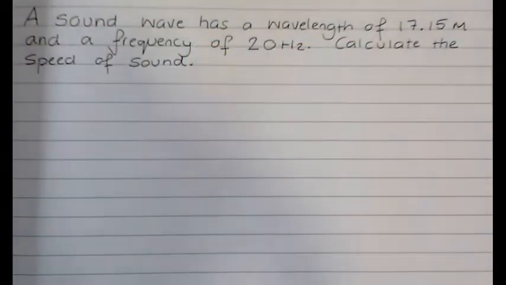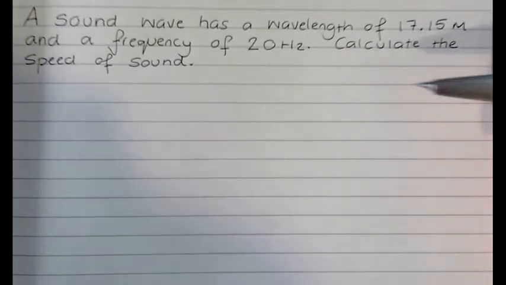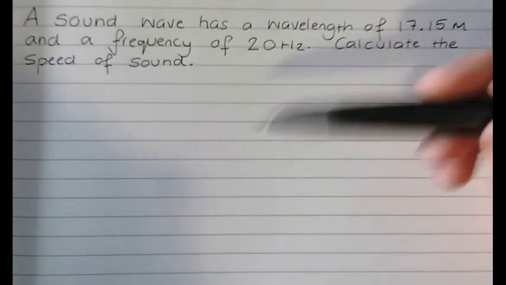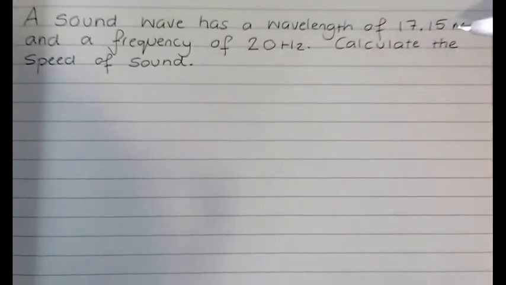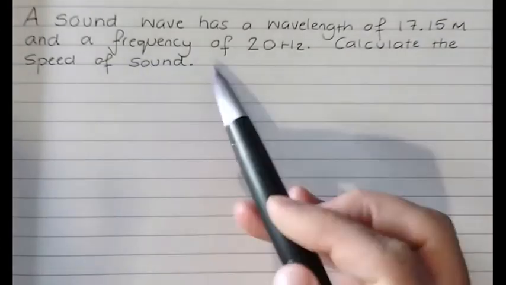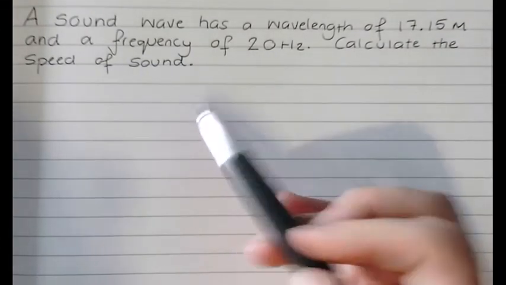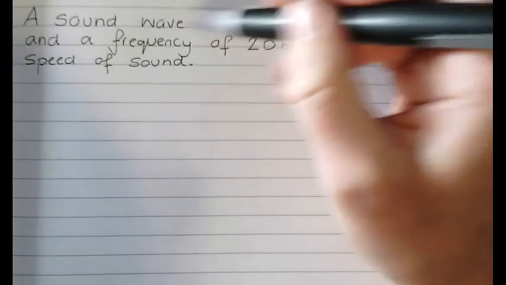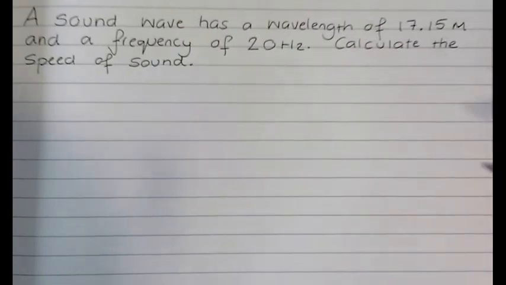In this section of the video, we are going to practice using our formula. So whenever you have to solve an equation, the first thing you always do is you just read the question straight through. So a sound wave has a wavelength of 17.15 meters and a frequency of 20 hertz. Calculate the speed of sound. So once you've read the question, what we now do is we read it again, but we're looking to extract from it.